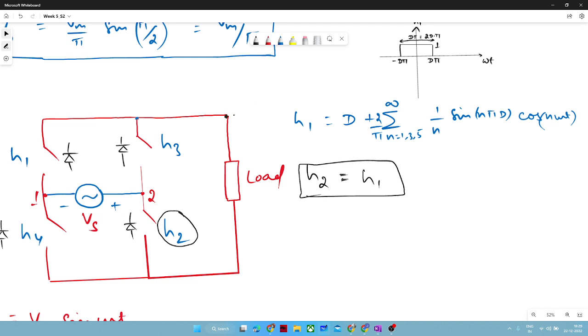And I just want to let you know the expression for V naught, right? That is very important, V naught and I naught, because ultimately we will be asked to calculate V naught and I naught.